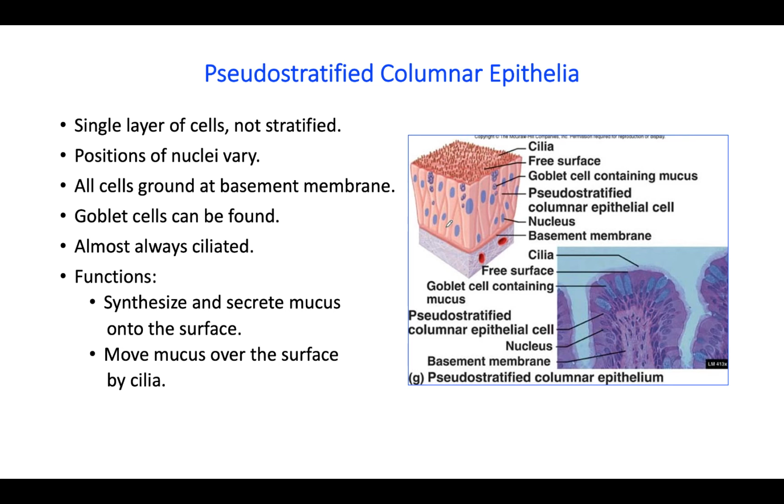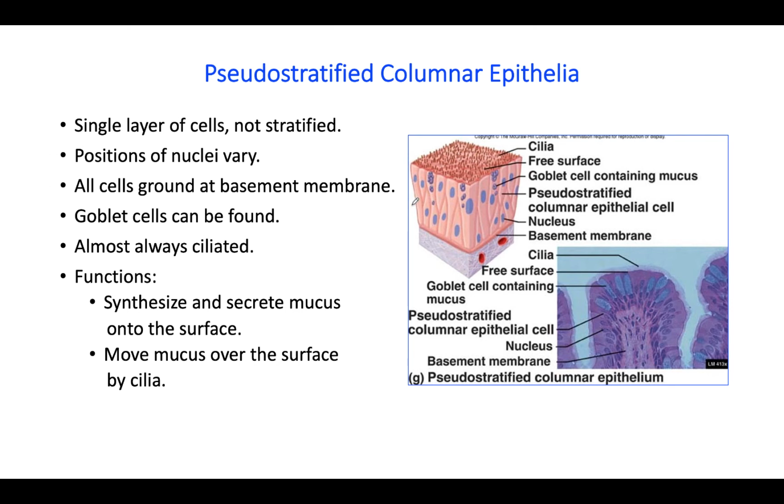It is a single layer of irregularly shaped cells and differently sized columnar cells. This cell is larger than this cell, so the size is different, and the columnar distribution is not regularly shaped. These columnar epithelia are not shaped regularly.